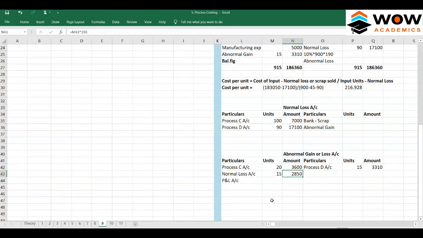Usually the normal loss is adjusted, so the balance amount would go to the P&L account. So P&L account would now come. Now it is a loss, the total of it is a loss.